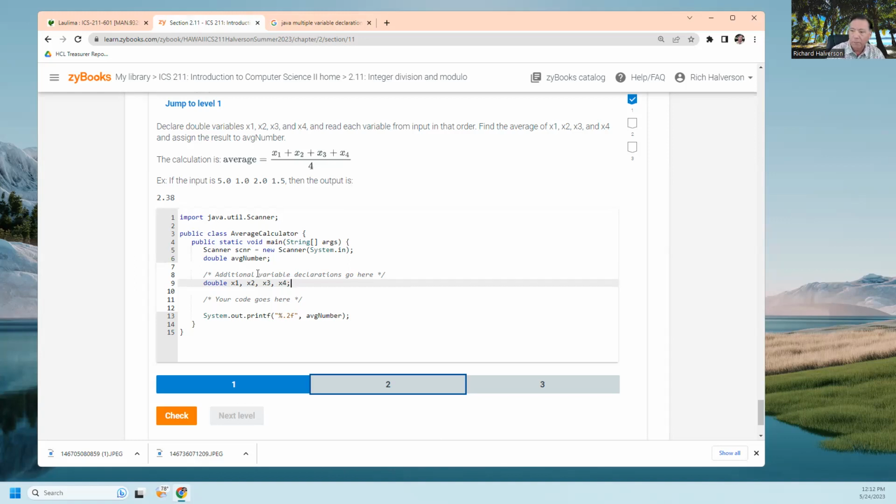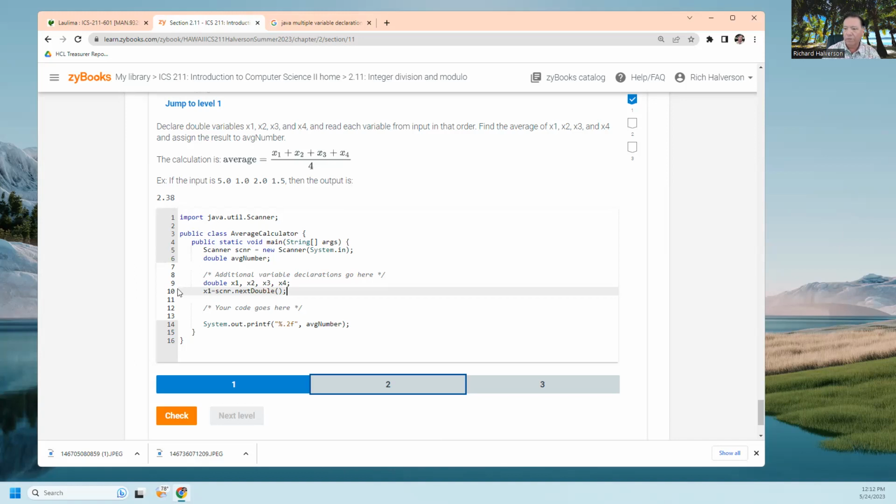x1 equals scanner next double. And I've got to do 4 of these, I guess.